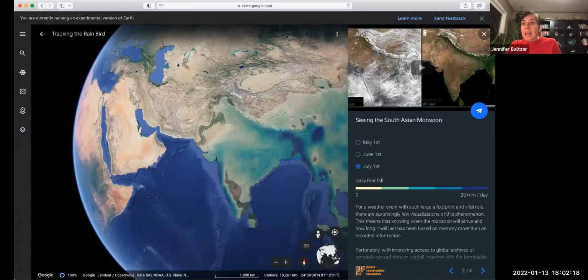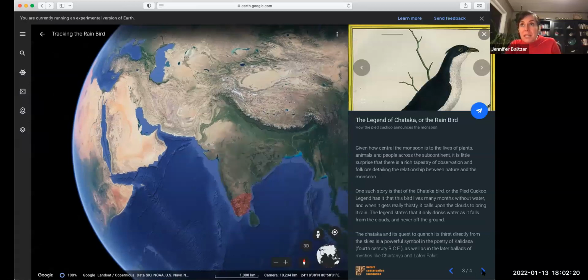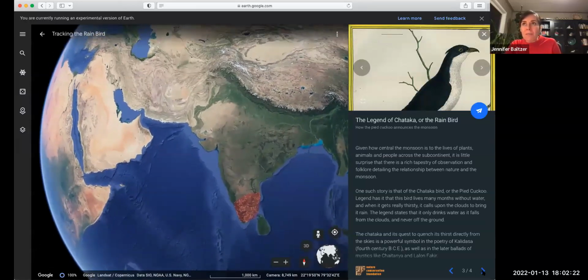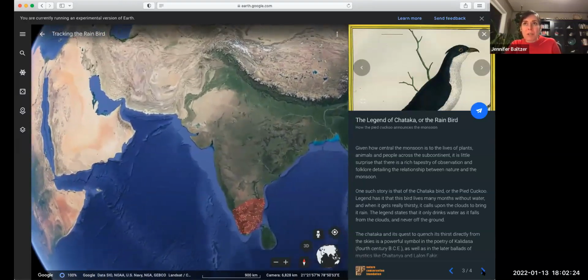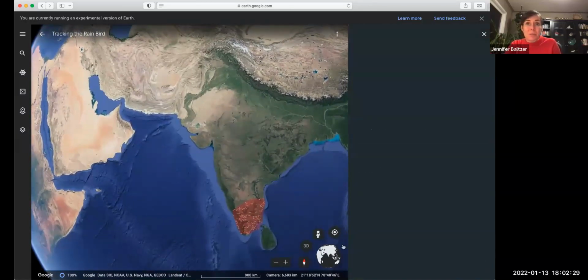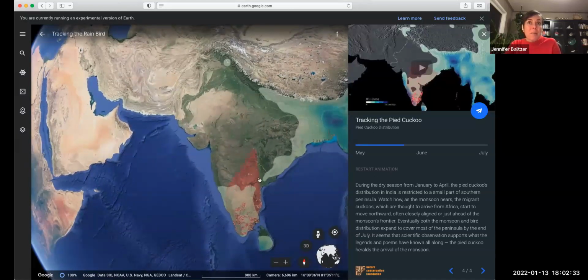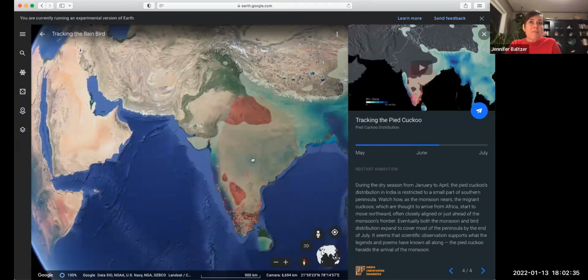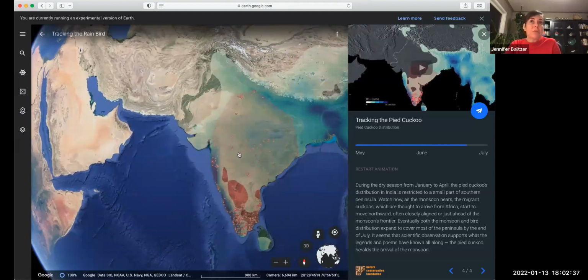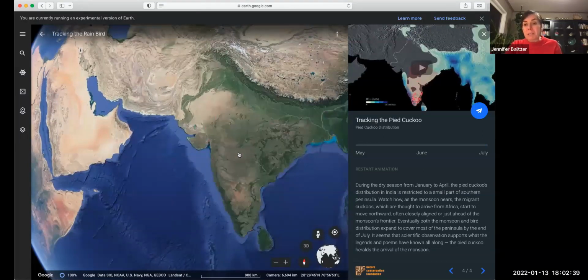And then you can see we have this really intense heavy rainfall, up to 20 millimeters per day in July. It tells you a little bit about this legend of Chataka, or the rain bird. It's the Pied Cuckoo. And this is super neat. You've got the monsoon happening, and it shows the expansion of the distribution of the Pied Cuckoo in response to precipitation.